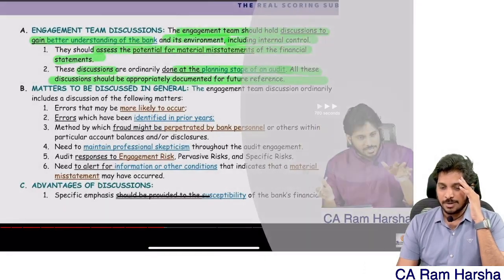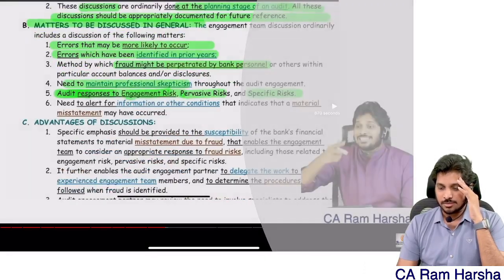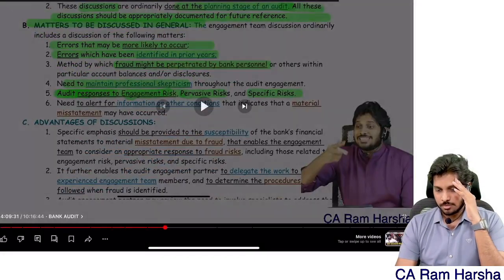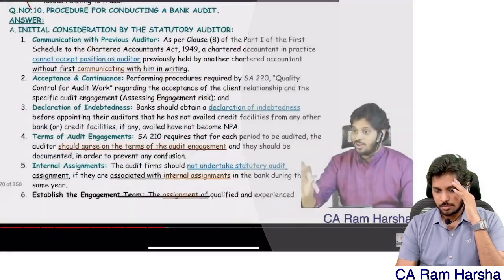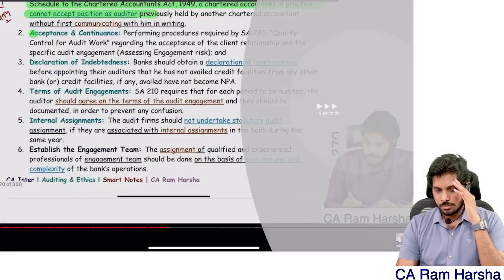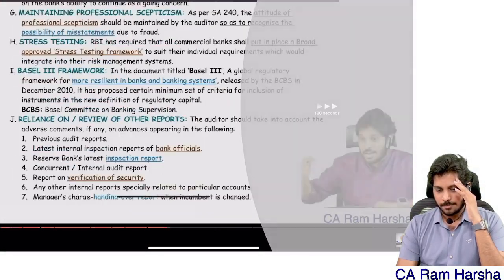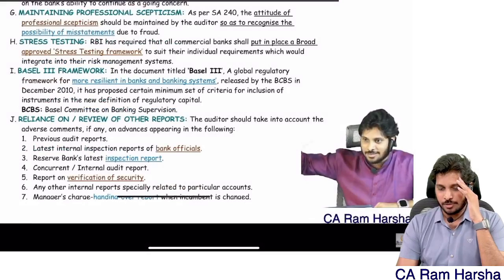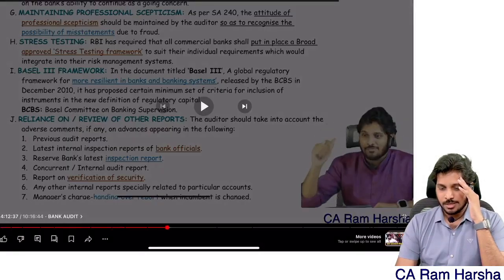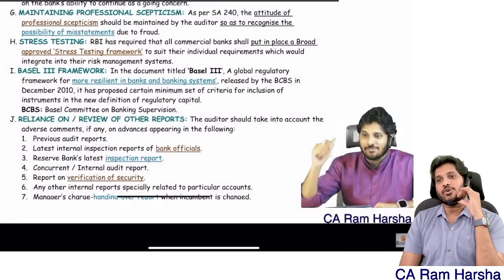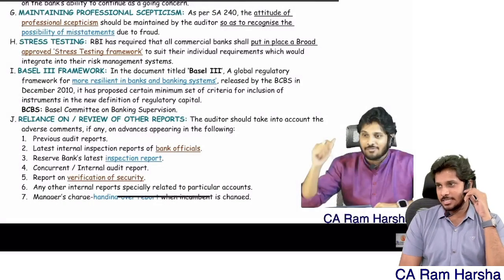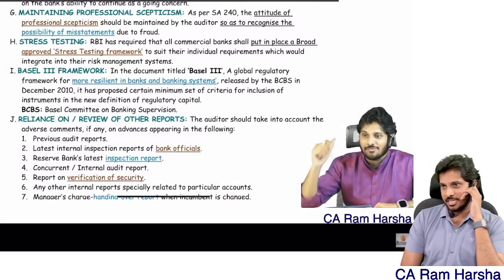In this last part, technically the 8th or 9th question, this one, reliance on review report of other auditors. This J point is specifically told in the marathon also. This itself can be asked as a separate question. This is what they asked actually.